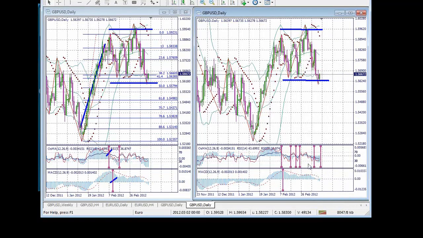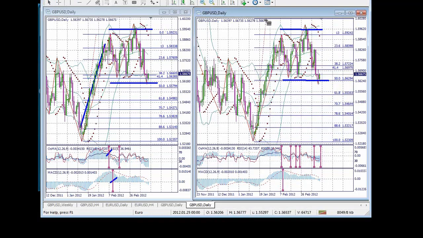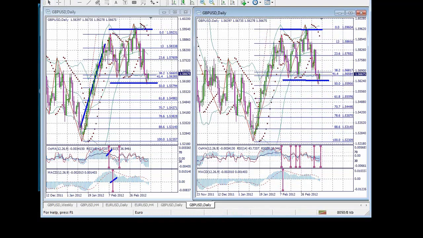I think that the signal that will come on the daily chart with confirmation from MACD will give us the breakout from this channel. But let's see what is happening. This is actually on daily.